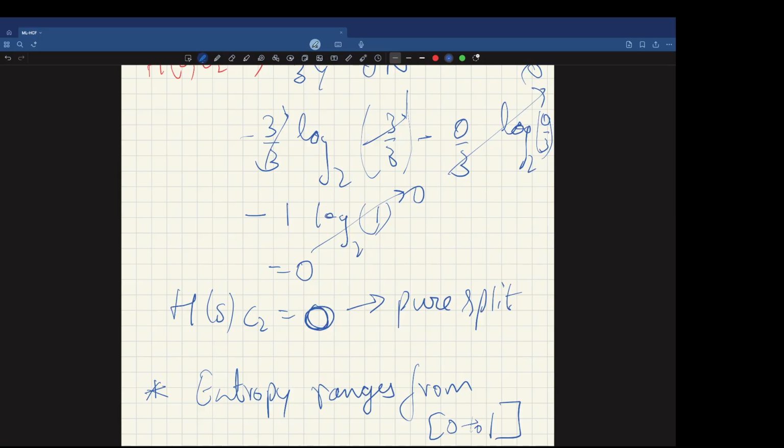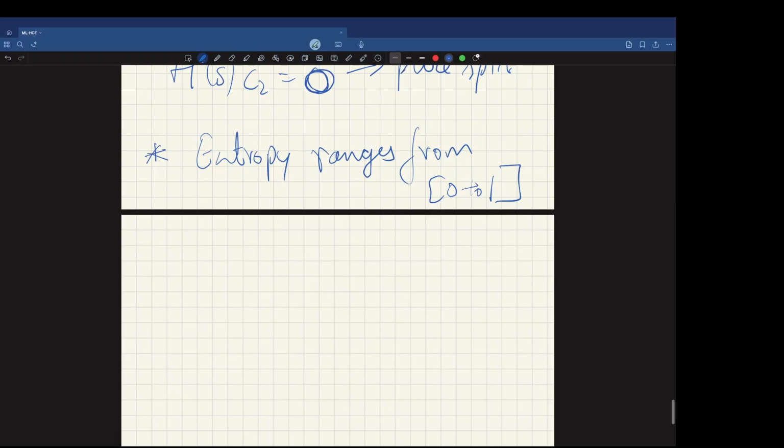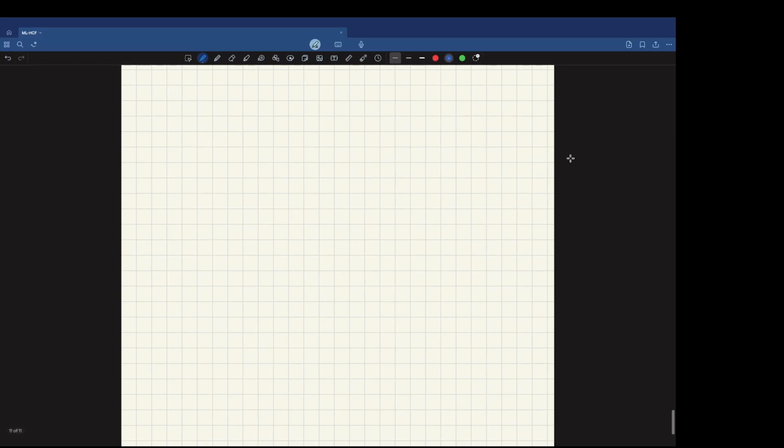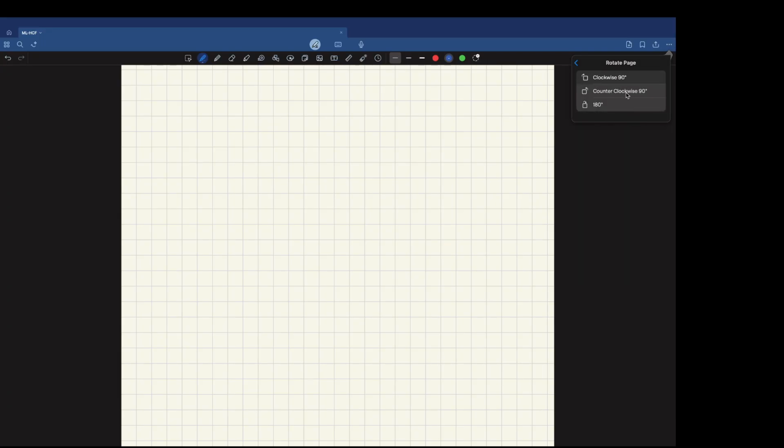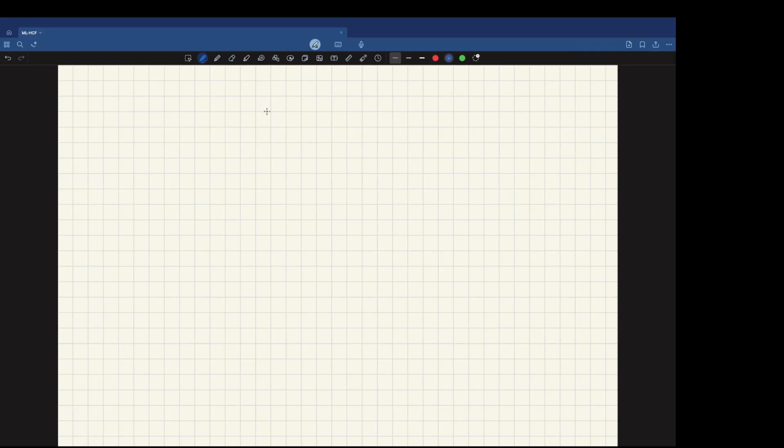Let's do one thing. We'll plot a basic graph.